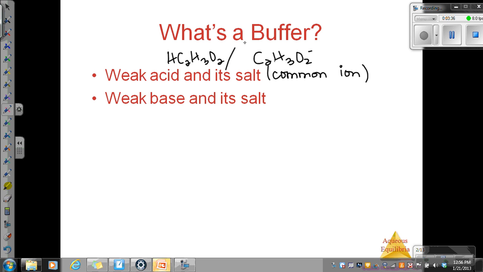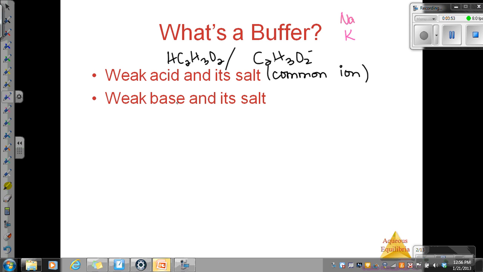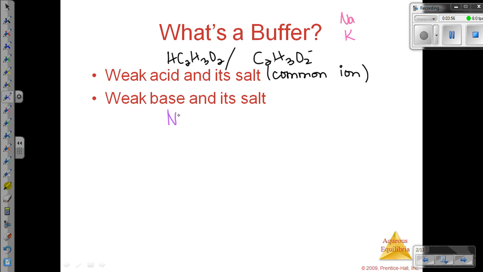So this acetic acid and the acetate ion is your buffer. So it could be sodium acetate, it could be potassium acetate. It doesn't really matter what the cation is as long as it's a weak acid and its conjugate, and we call that its salt. Weak base, let's say ammonia, and then we want its conjugate acid, which would be ammonium.